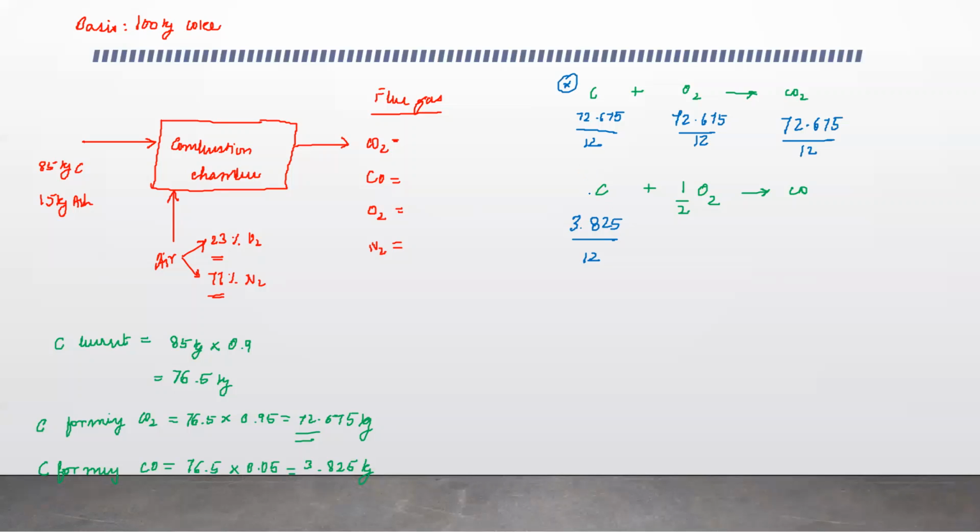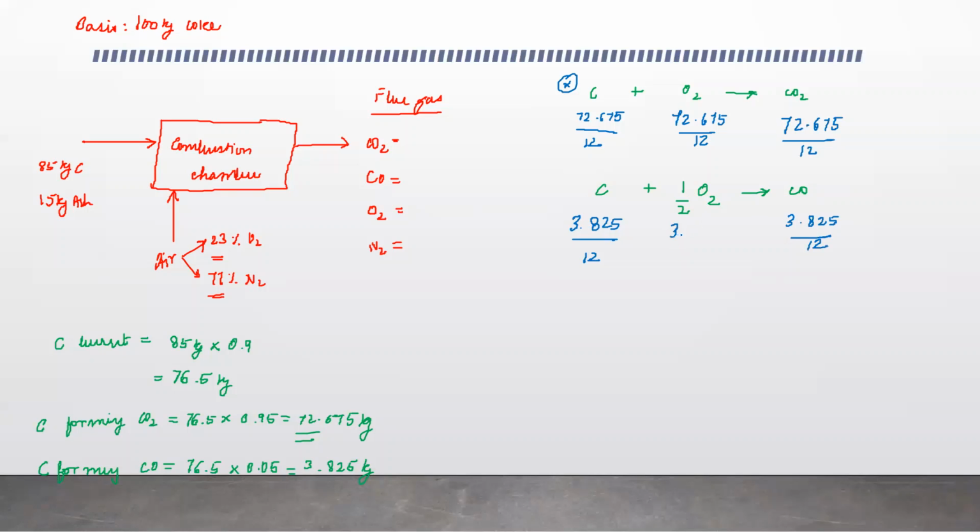All right. And over here, it's 1:0.5:1, right? So 3.825 by 12 kilomoles of carbon are going to form 3.825 by 12 kilomoles of carbon monoxide. And half of the carbon that is reacting would be oxygen over here.